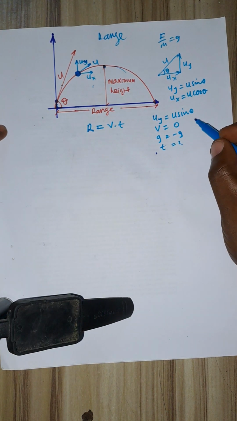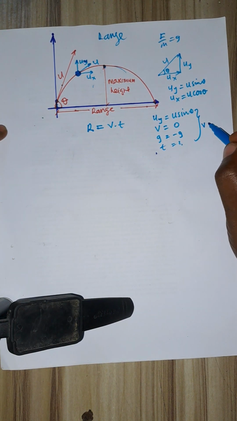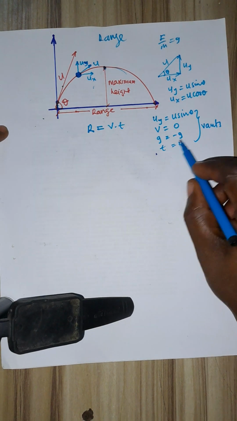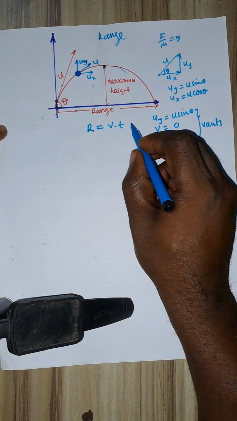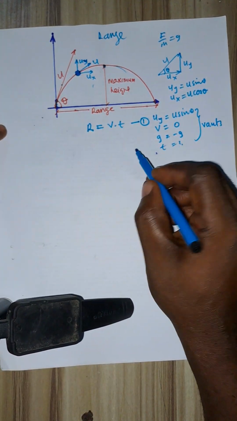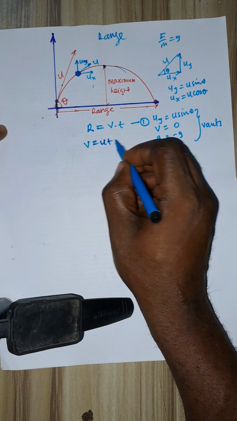Of the four parameters of motion, the equation of motion that doesn't have s is v equals u plus at.